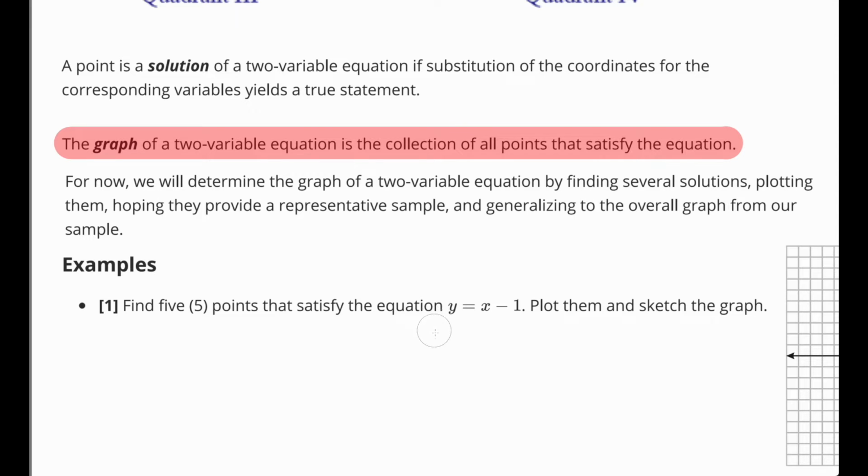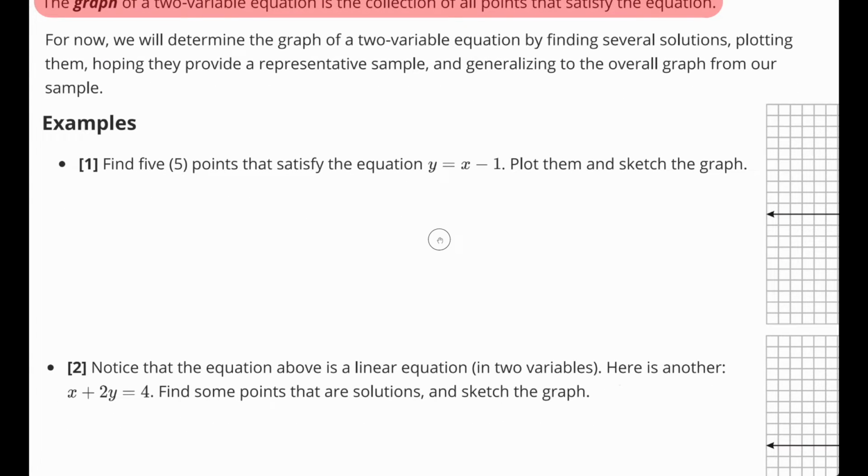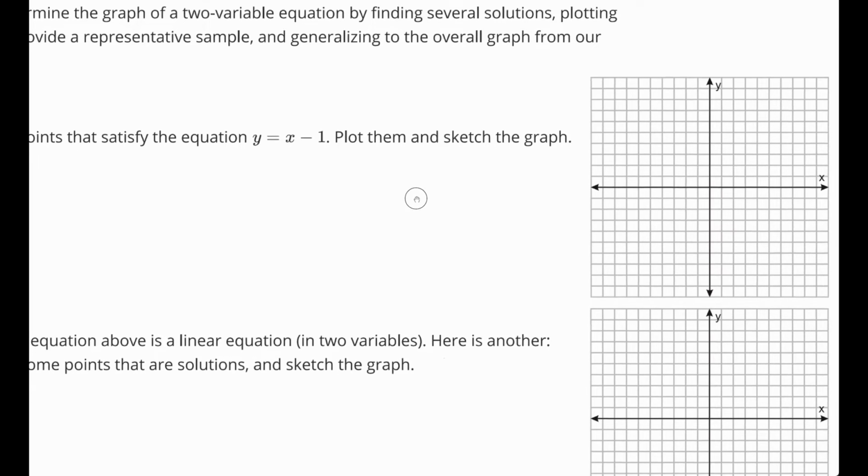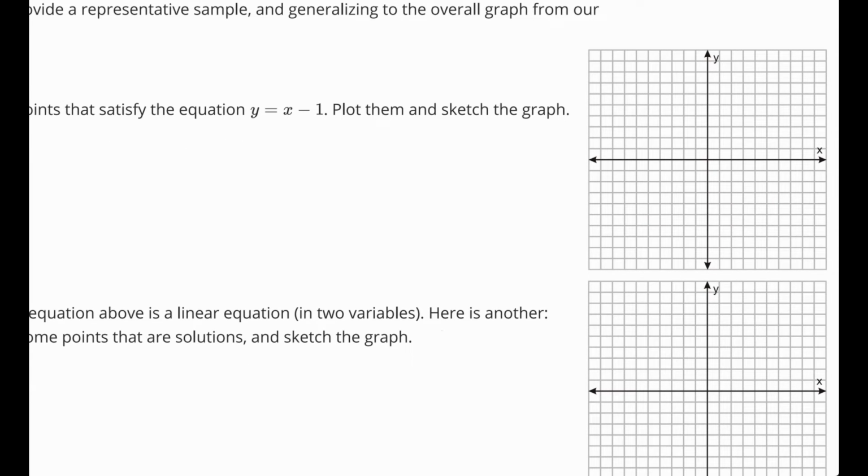So this first one says find 5 points that satisfy y equals x minus 1, plot them, and then sketch the graph. This is what I highly recommend you do anytime it says to graph something or sketch a graph: make what's called an XY table. So there's my X, here's my Y, and I made a table, and I'm going to fill these in with certain values.